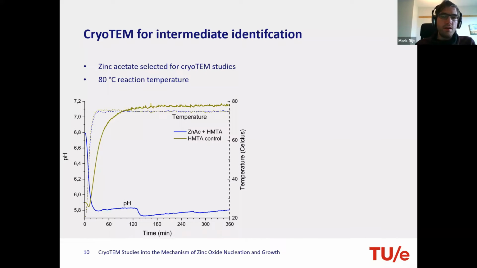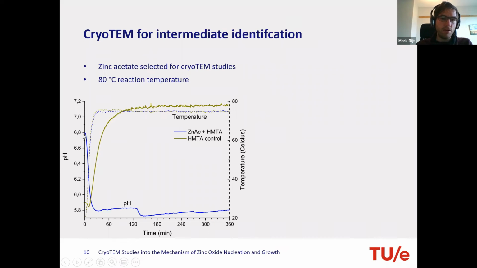So we put all our efforts in looking at the acetate. The first thing that we did is just run a normal reaction and then do pH measurements so that we have a map of what we can expect at interesting points. When we look at the pH evolution, you already see in the blue line, which is zinc acetate and HMTA, two transition periods where you have a sharp spontaneous drop in pH.